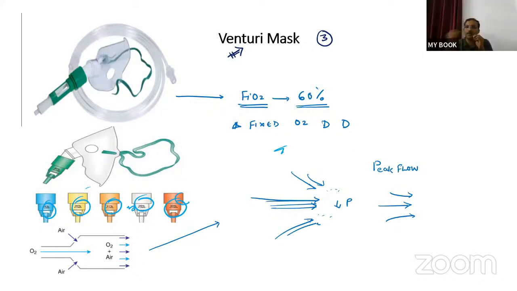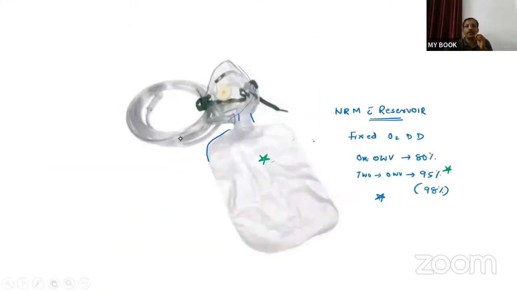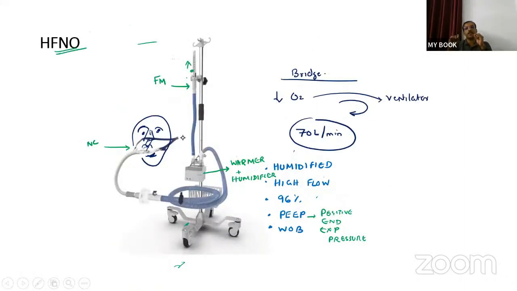HFNC and CPAP, Dr. Ambli. HFNC is very simple. High flow nasal cannula. I think I have shown you the diagram. This is HFNC. It is otherwise called high flow nasal oxygen, which is delivered through a high flow nasal cannula, a definitive oxygen delivery device. While CPAP is continuous positive airway pressure, which is applied by a CPAP machine, most commonly used in OSA.